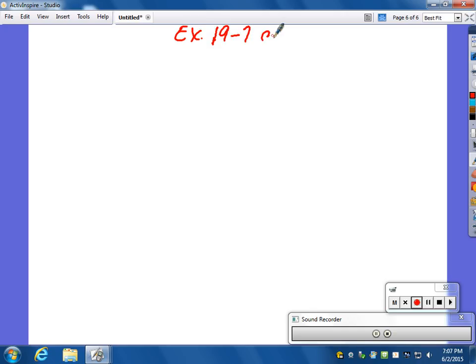What number are we on now? 5. What are they asking for? Gross profit, and we just did gross profit in the previous one. Sales minus cost of goods sold.